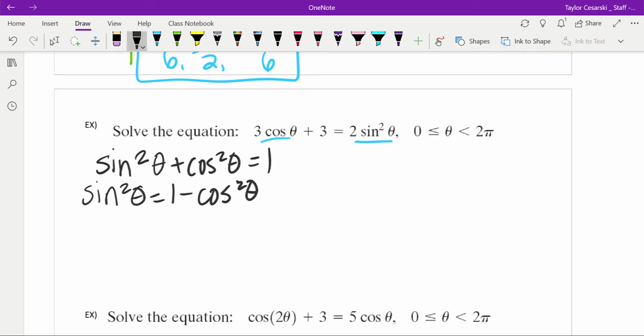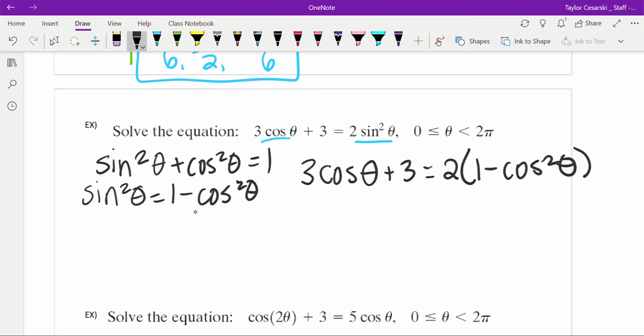Because remember, when you have everything in one variable, I can do a lot more with that. So I'm going to rewrite this. 3 cosine of theta plus 3 equals 2 times 1 minus cosine squared of theta. So anytime you can rewrite it in terms of all cosine or all sine, that's going to be your best friend. Alright, so now I can do a lot more with that.